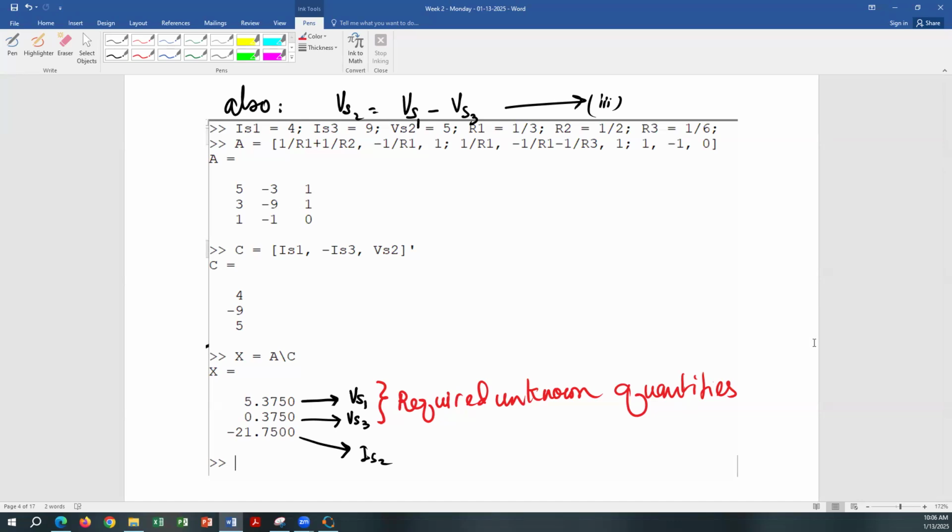Or commas between the values? For C or for A? Oh, the square bracket? That's to define a matrix or a vector. No, parenthesis, no. To define a matrix or a vector, you use square brackets.